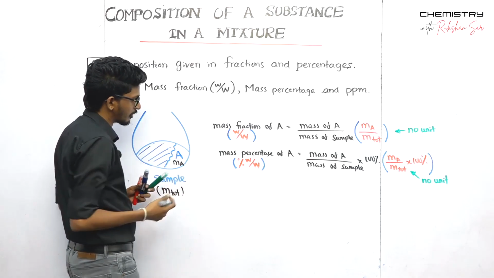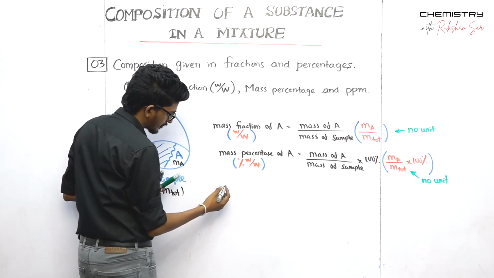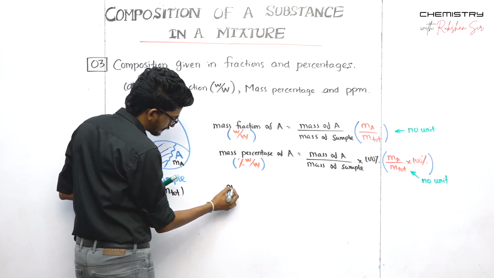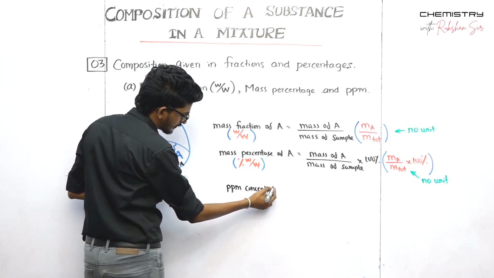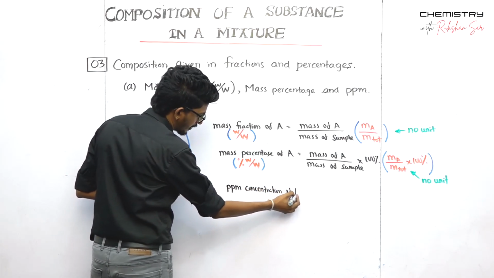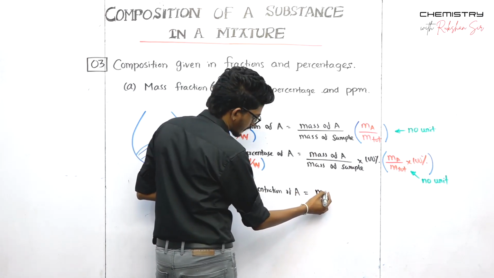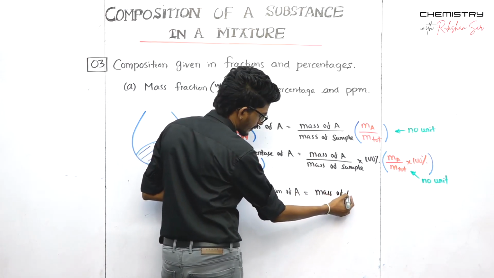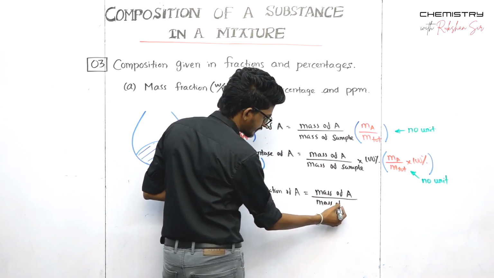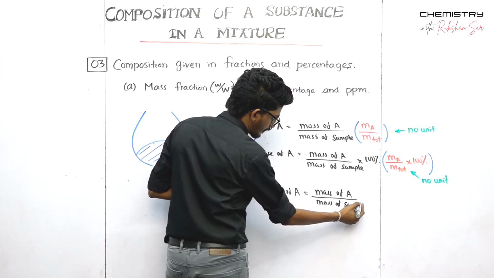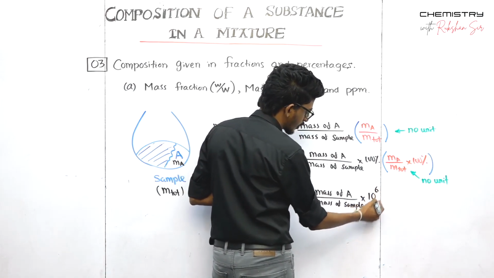After writing the equation, the ppm concentration of A can be represented as the mass of A divided by the mass of sample into 10 to the power 6.